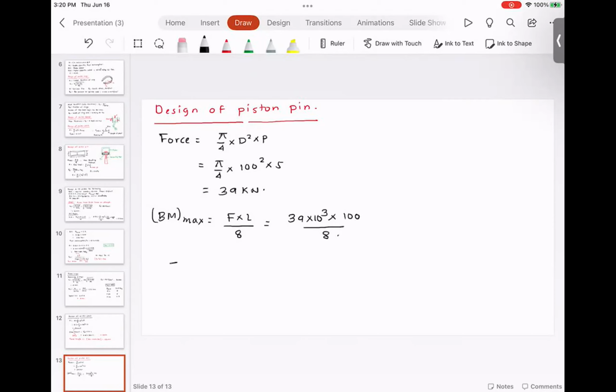And this Bm max has to be equated to sigma B times I divided by Y. I'm assuming sigma B as 60 Newton per millimeter square. The bending moment comes around 480 times 10 to the power 3, pi by 4. D inside is 0.6 times D outside.